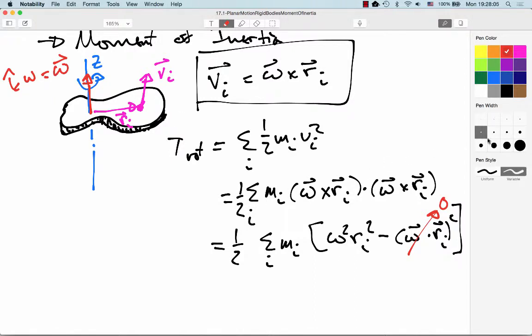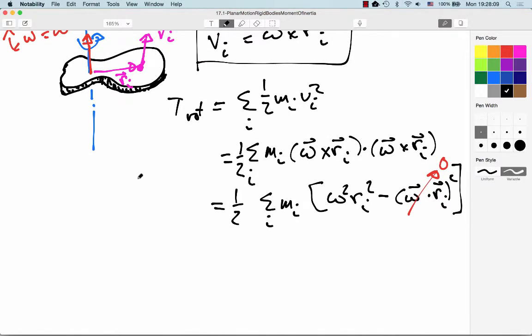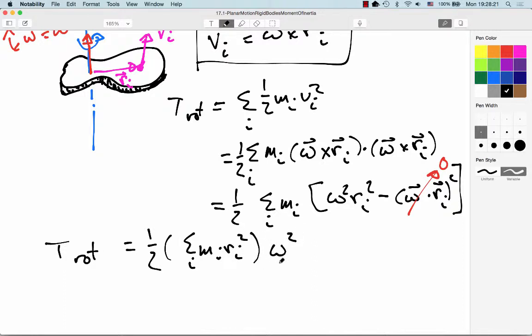So we can write our rotational kinetic energy, T rot, as 1/2 times the sum over i, mi Ri squared, times omega squared, just pulling the omega squared out of the sum.